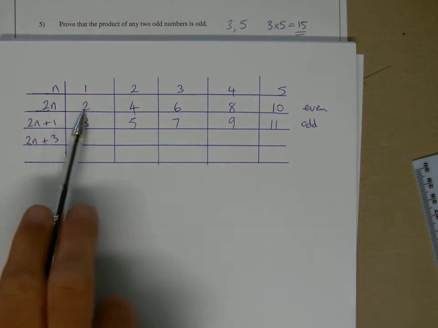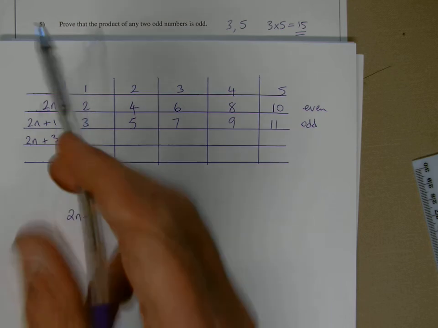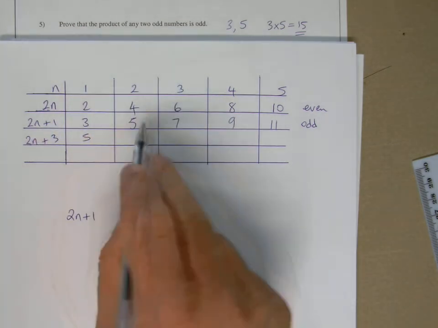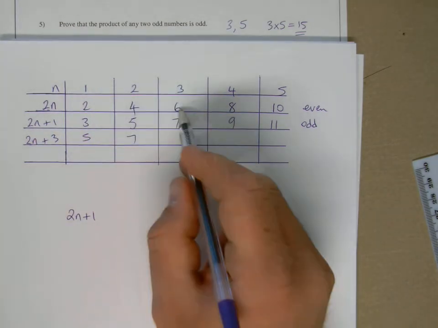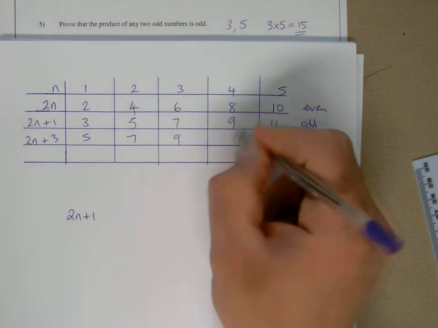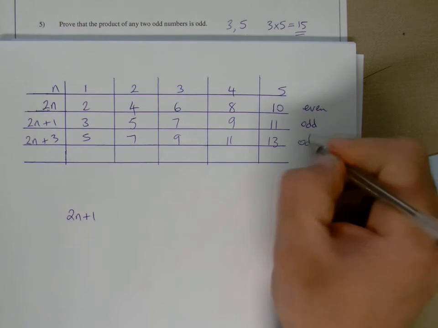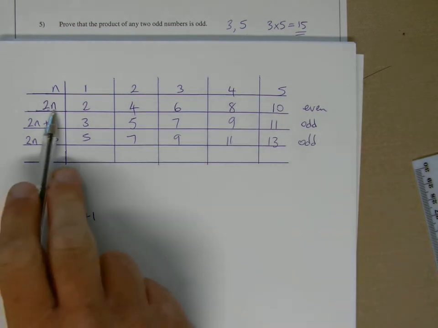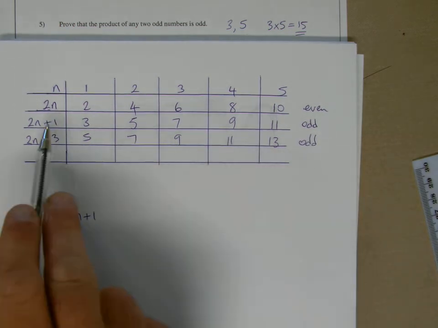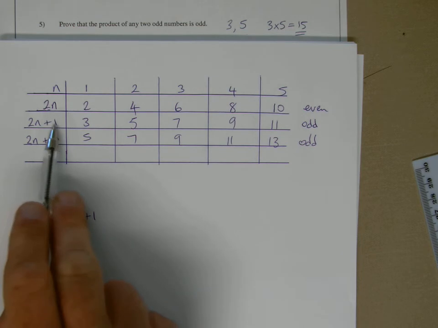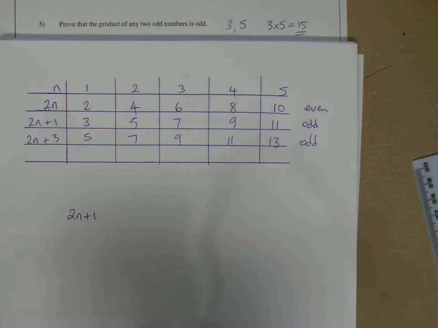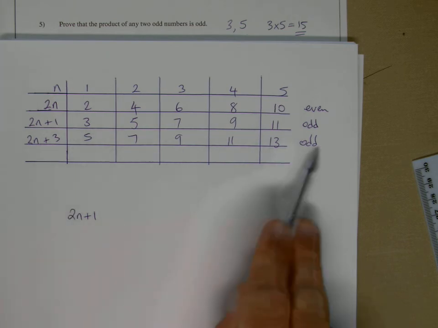If I add 3 onto 2, I get 5. Add 3 onto 4, I get 7. Add 3 onto this, I get 9, then 11, then 13. Notice again, they're odd. So 2n represents my even numbers, and if I add an odd number onto it, like 1 or 3, I just get a set of odd numbers. So I know 2n plus 1 is odd, and I know 2n plus 3 is odd.